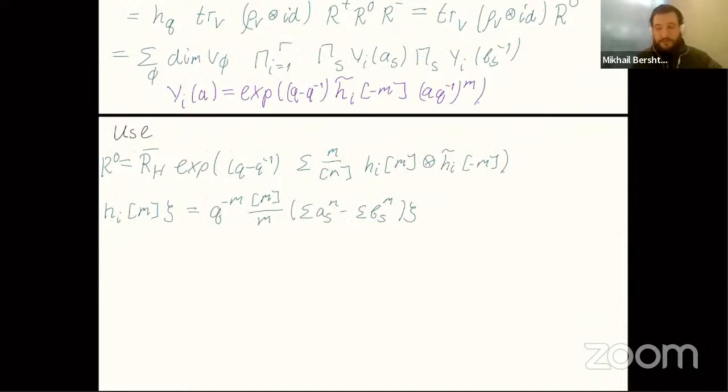So the final result is that the Q character is the Harish-Chandra homomorphism applied to the integrable system which we had, these XXZ operators T. Are there any questions?